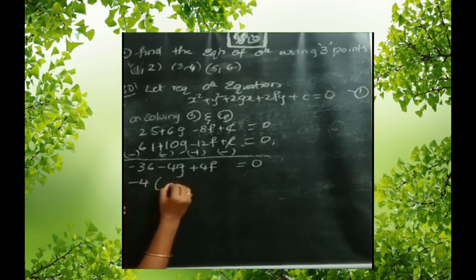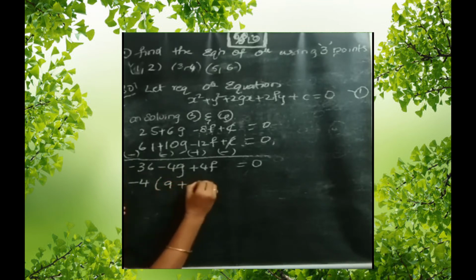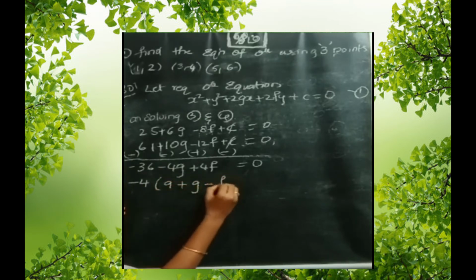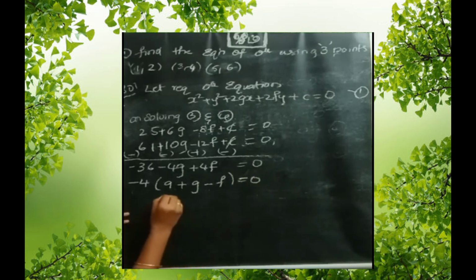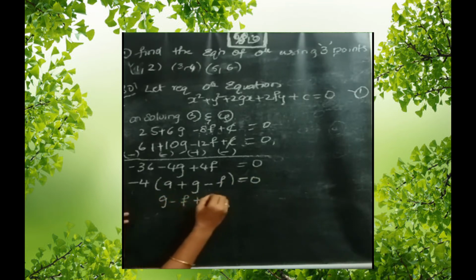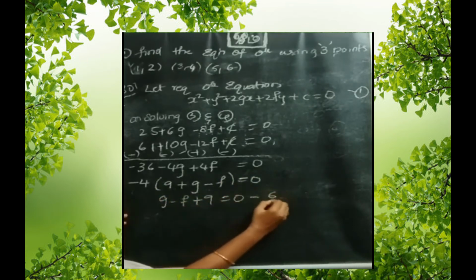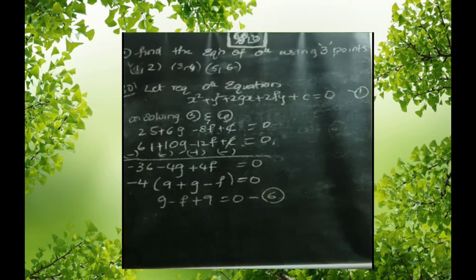So 4, 9 plus g minus f equals 0. So g minus f plus 9 equals 0, which is our sixth equation. While solving 2 and 4, we will get the fifth equation. While solving 3 and 4, we will get the sixth equation.